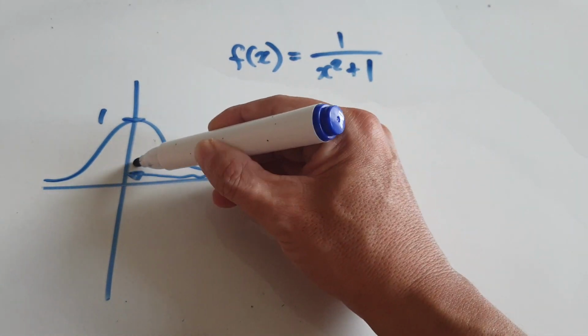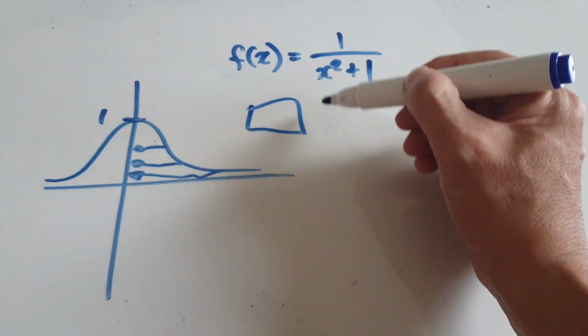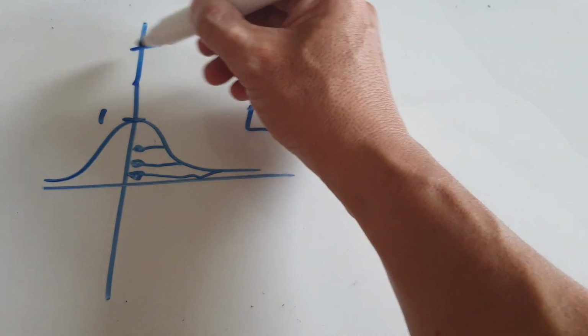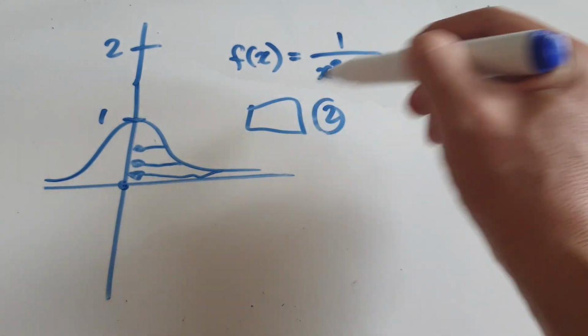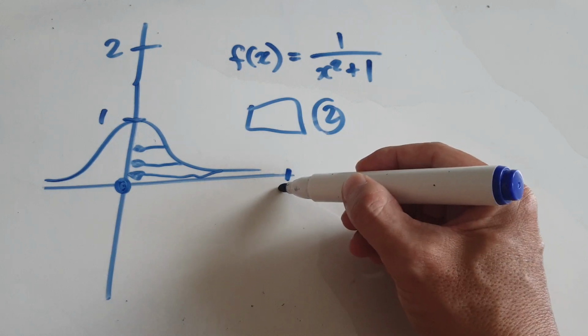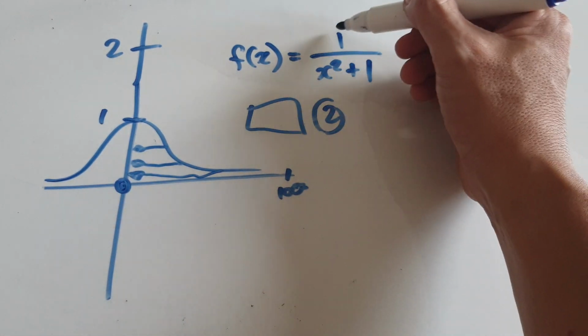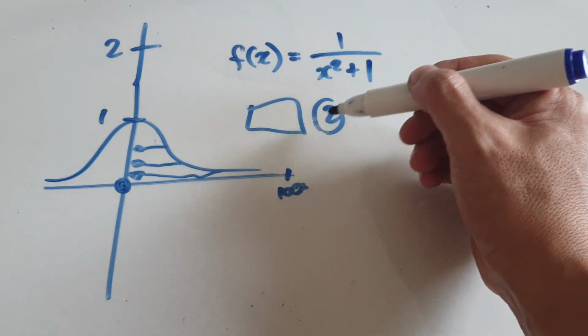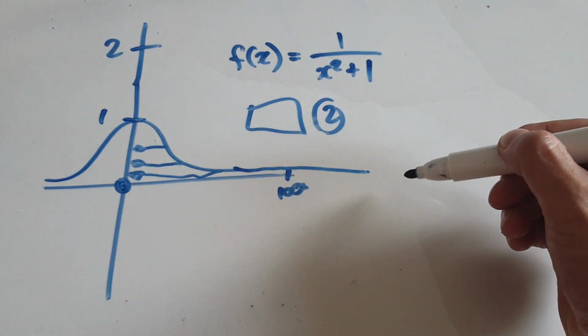You can jump to anything within this region. It's impossible for you to spit out the number 2, because 2 is somewhere up here. It's impossible for it to spit out the number 0, because if you put, let's say, 1000 in, 1000 squared, and then plus 1, divided into 1, it would be slightly bigger than 0. It will approach 0, but it will never get to 0.